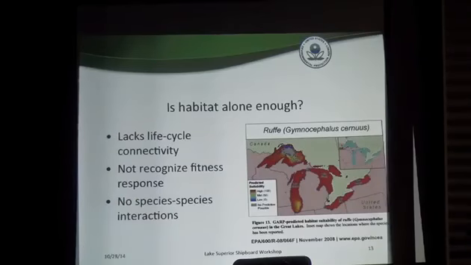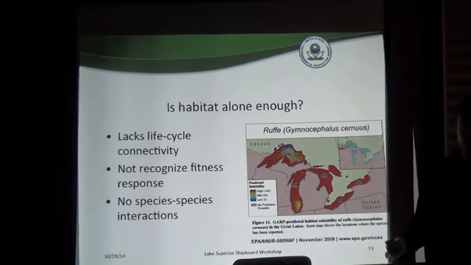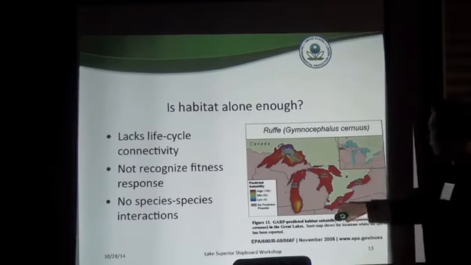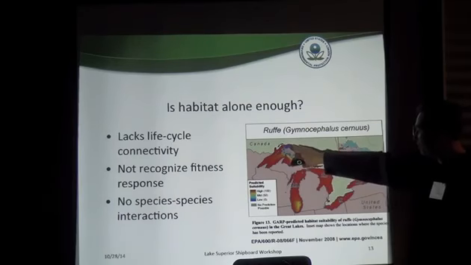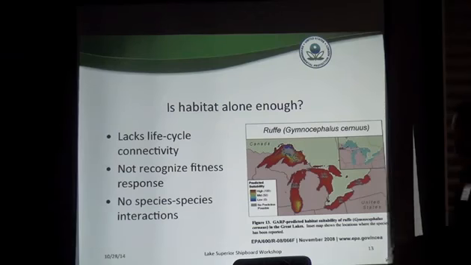In fact, here's a good example. This is actually an EPA report. This is the habitat model for ruffe. They said everything in red here was really good for ruffe, and everything in blue, that's cool, doesn't like it. And this is just based on environmental data, just habitat.